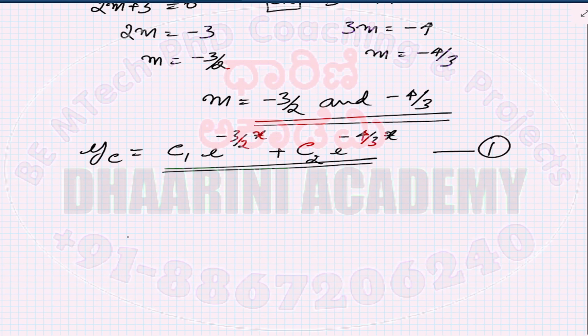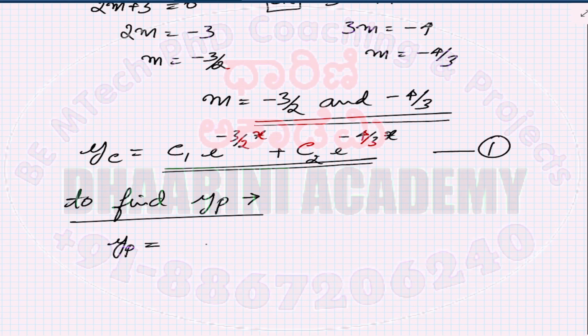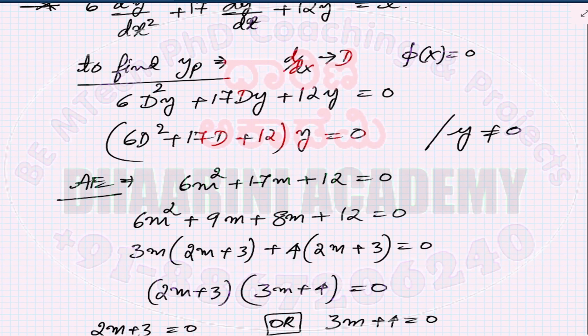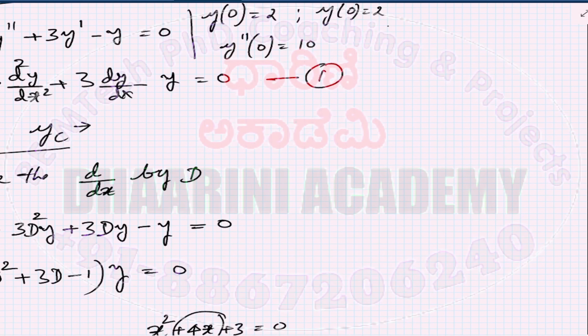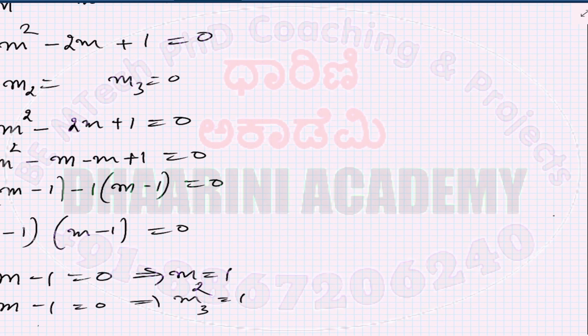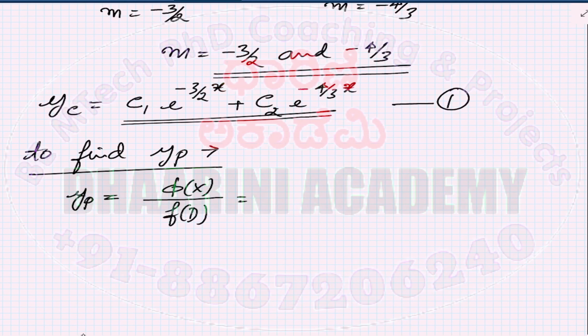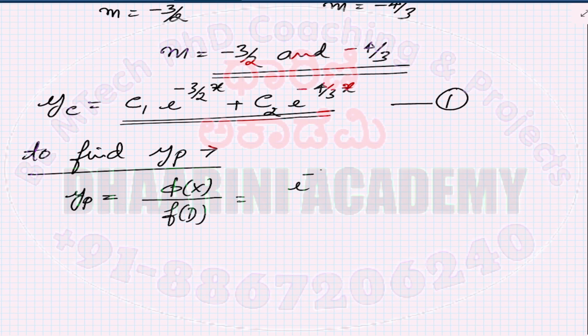Now let's go to finding Yp. In order to find Yp, I will directly write the answer: Yp is equal to φ(x) divided by f(D). Looking at the question, φ(x) is e to the minus x.